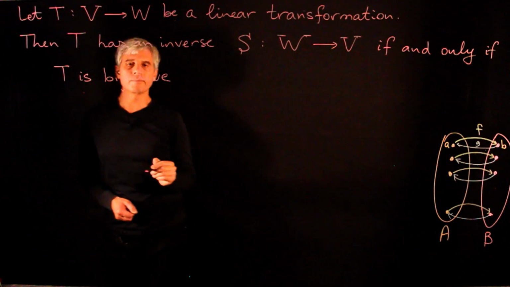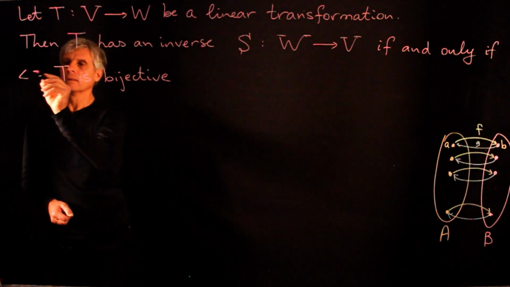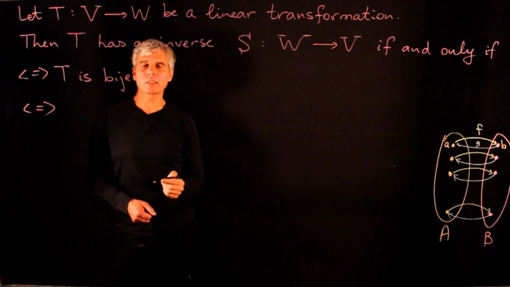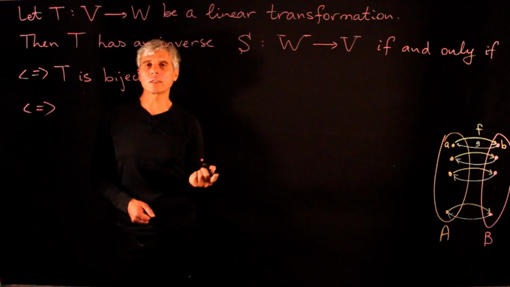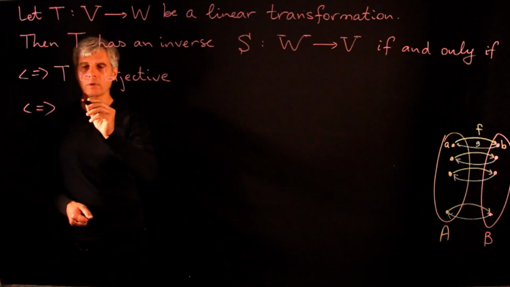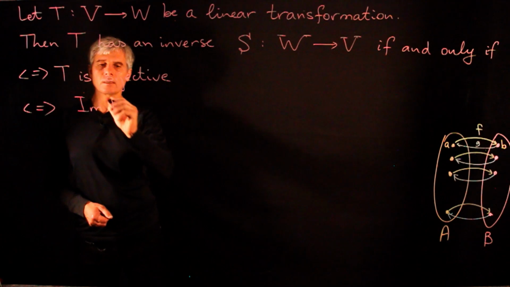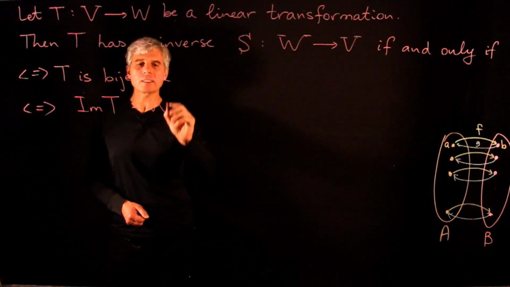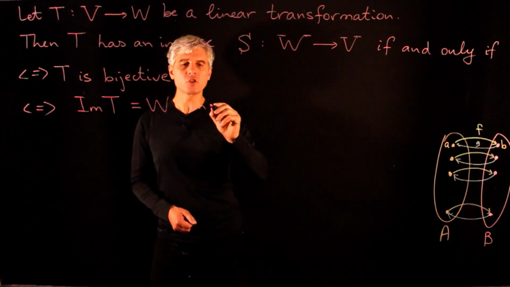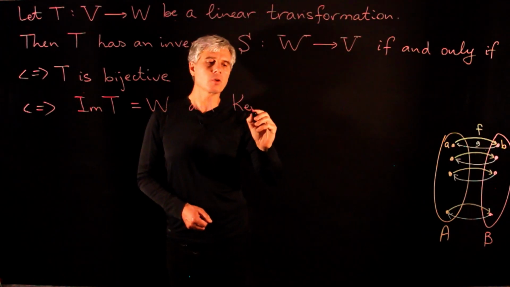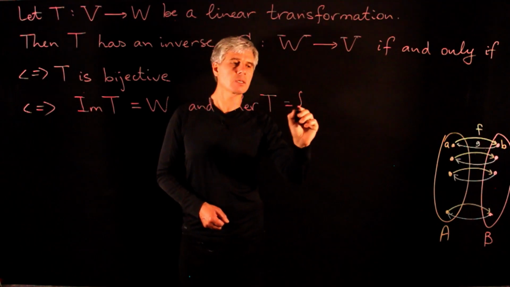So what are equivalent ways of saying this? Well, bijective means surjective and injective. Surjective means that the image of T is the whole space W, and injective for a linear transformation is equivalent to saying that the kernel of T is the zero vector.